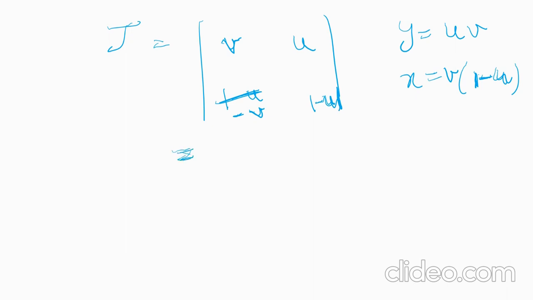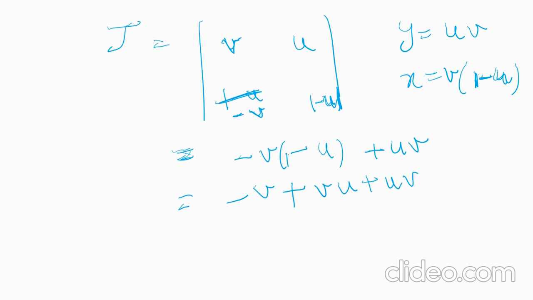So the determinant is minus v(1 minus u) minus uv, which is minus v plus vu minus vu, so we are left with just minus v. The Jacobian is minus v.